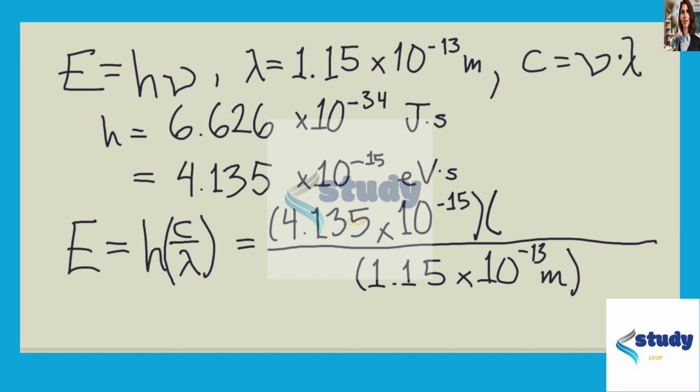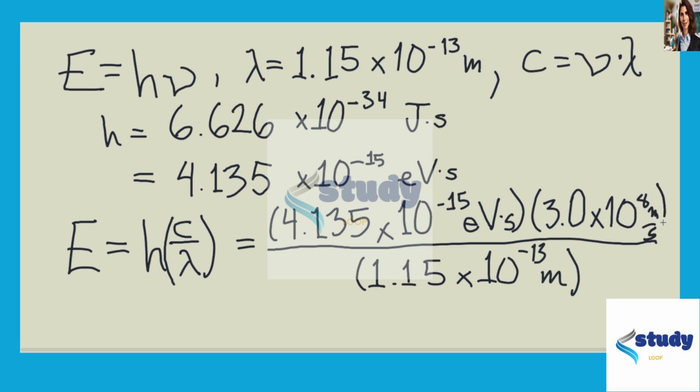I forgot my units. These are electron volt seconds times the speed of light, which we will take as 3.0 times 10 to the 8th meters per second.